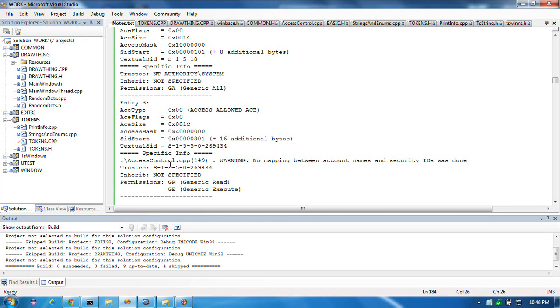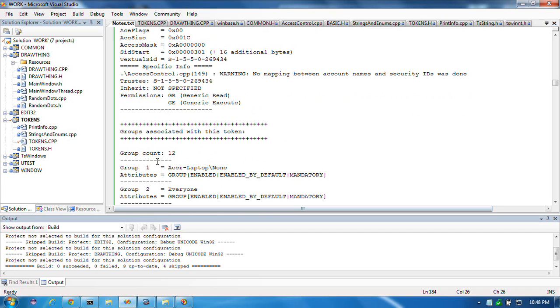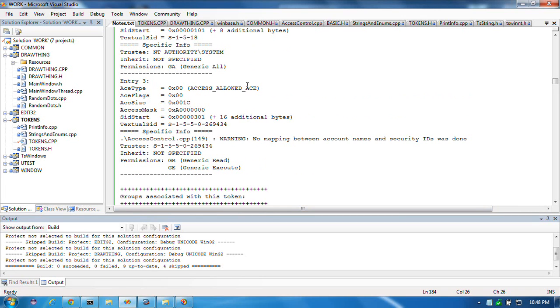And it has to do with another part of an access token, which is a great big collection of groups that are quote unquote associated with the token. In fact, there are 12 of them, and I'll get to those in a minute.